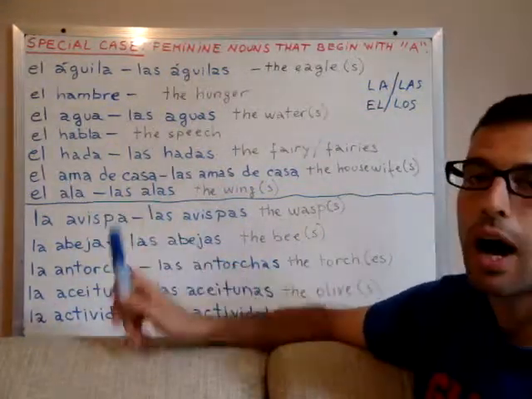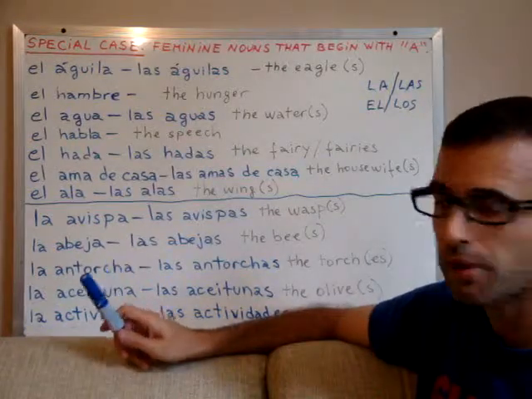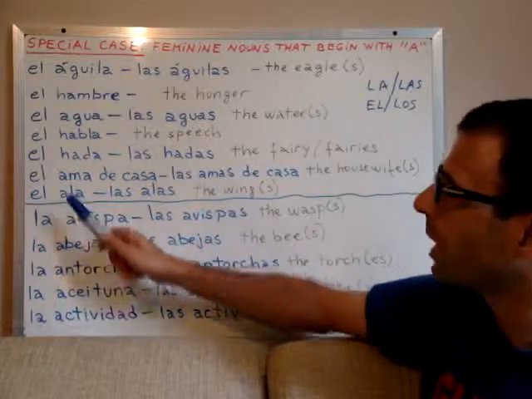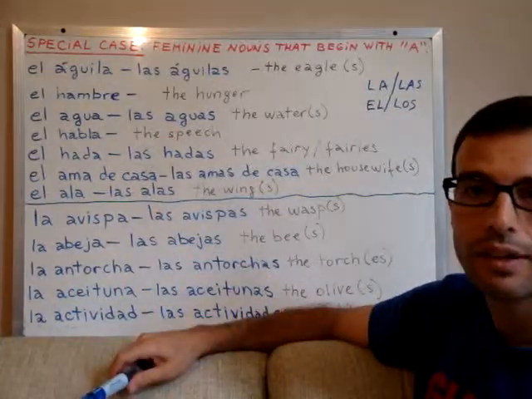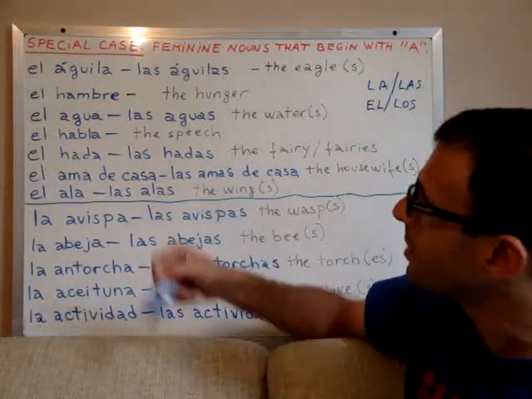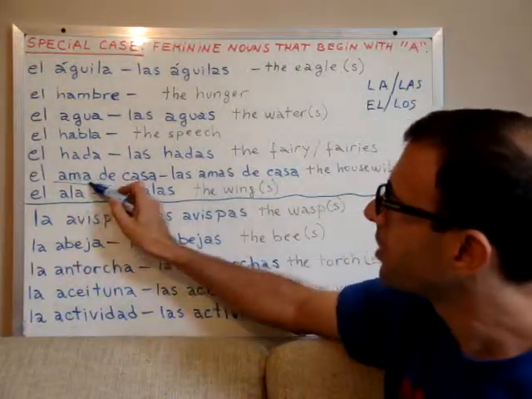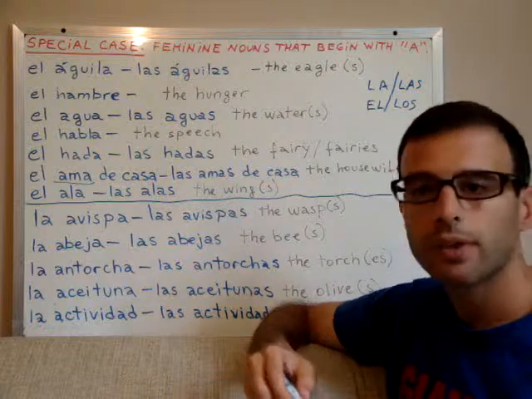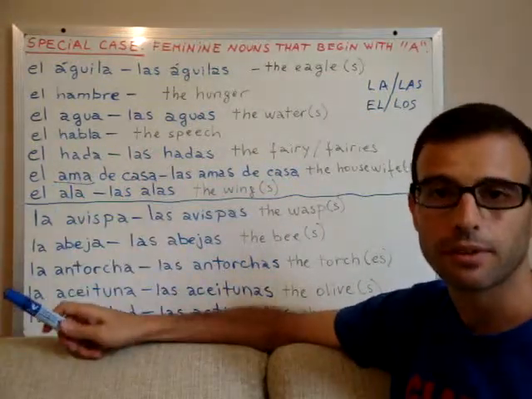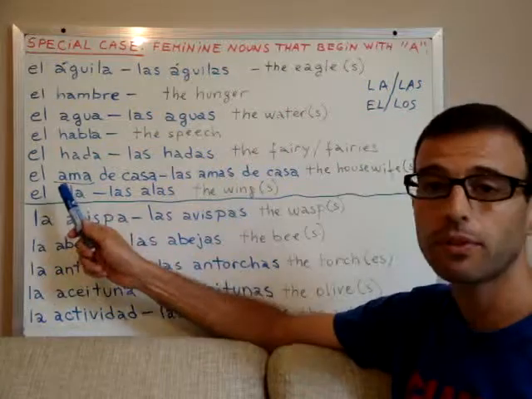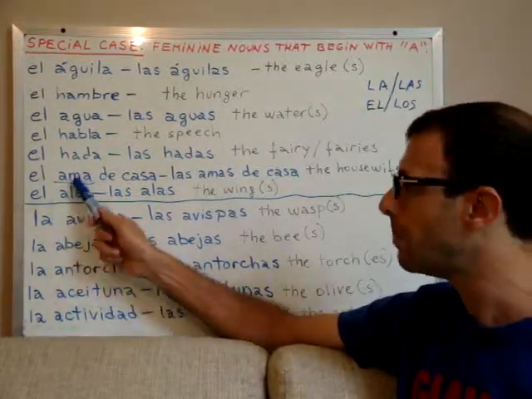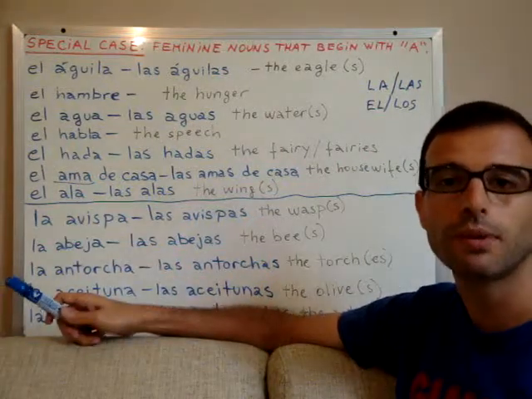Ama de casa is a housewife. We say el ama de casa, although ama de casa is a feminine word. Why feminine? Because of the word ama. Ama is the singular for master; masculine would be amo and feminine would be ama.